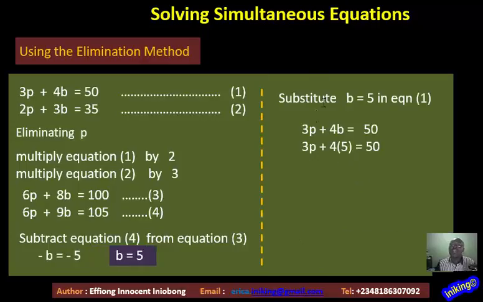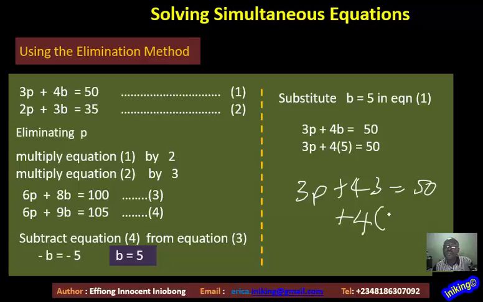Let's see what we have next. Here we substitute the value B equals 5 in equation 1. Equation 1 states that 3P plus 4B is 50. I put here B, which is 5.